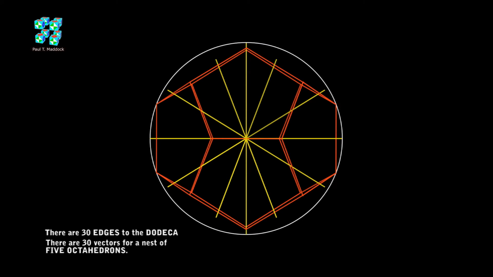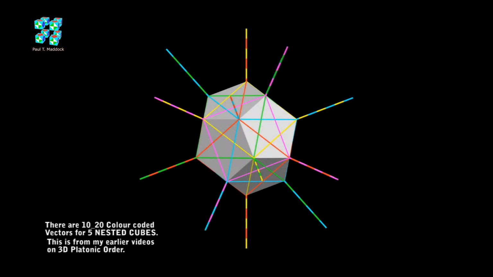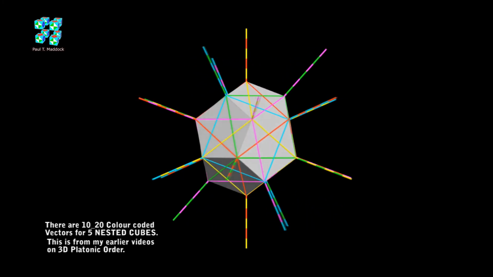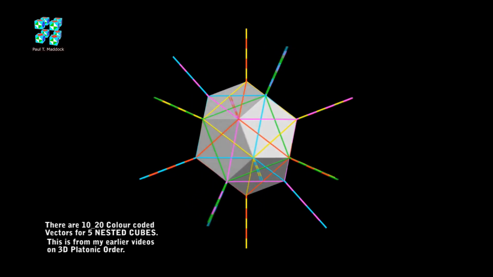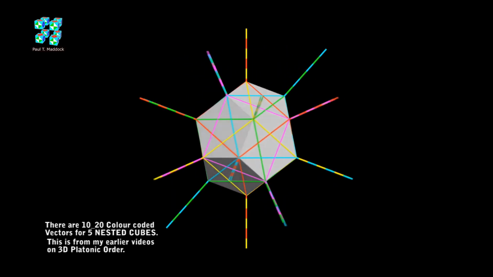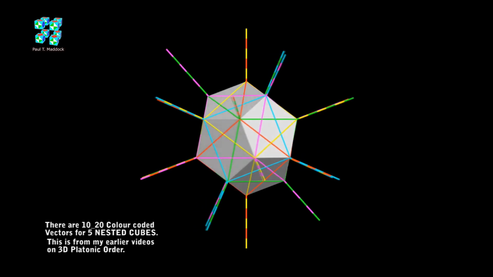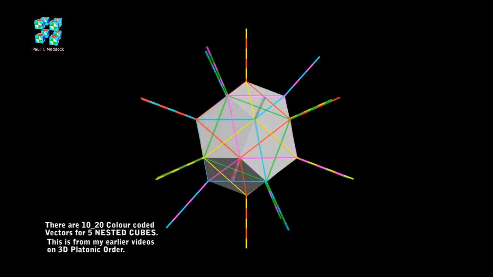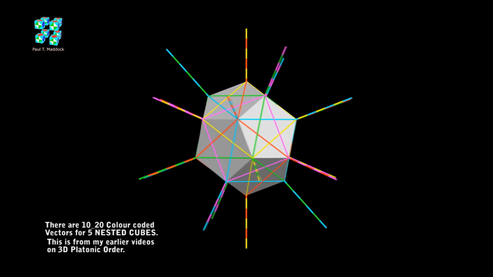Okay, while we're on the subject of these 30 octahedron vectors, I'm going to show you the vector arrangement for the 5 colored cubes. This stuff is from my earlier videos I made a few years back. I showed that the 5 colored cubes could give us a color-coded 10, 20 vector system for the dodeca.